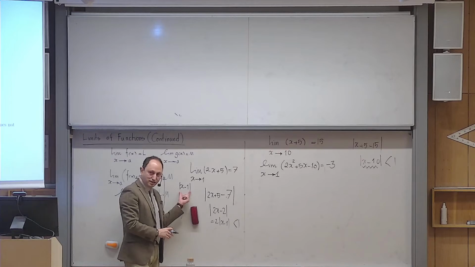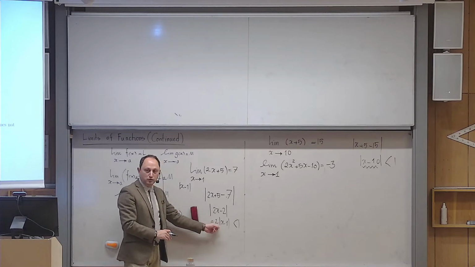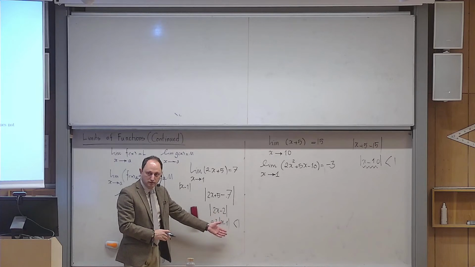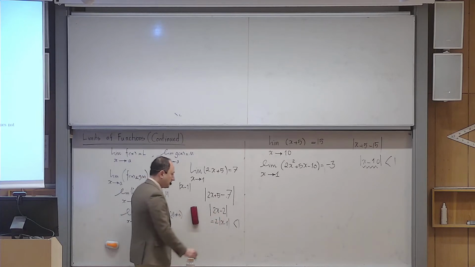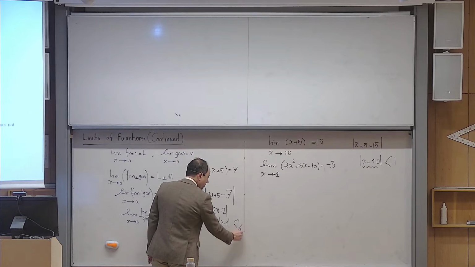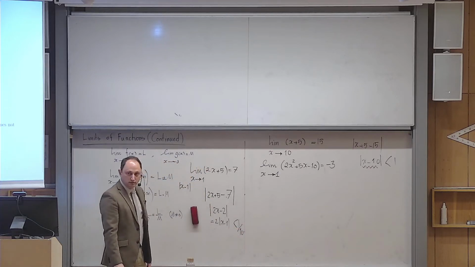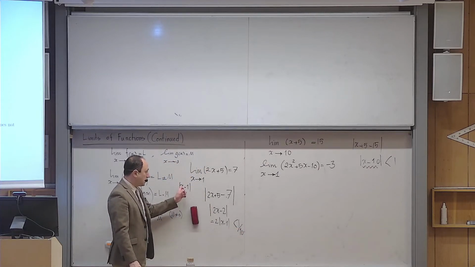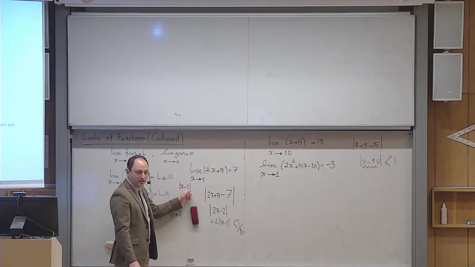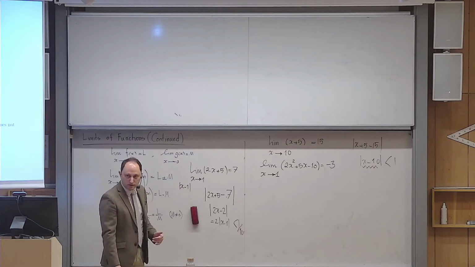Because this distance is multiplied by 2, it becomes smaller than 1. Now the question is, can I make it smaller than 1 over 10? Yes, but I have to make this distance smaller than 1 over 20.